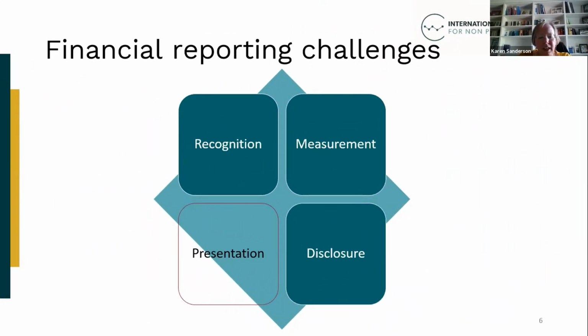So, in this section, looking at financial reporting challenges, we want to look at what exists for voluntary contributions, and that includes cash, assets, time, grants, or any other revenue that can be received by an NPO that's not the sale of a good or service.